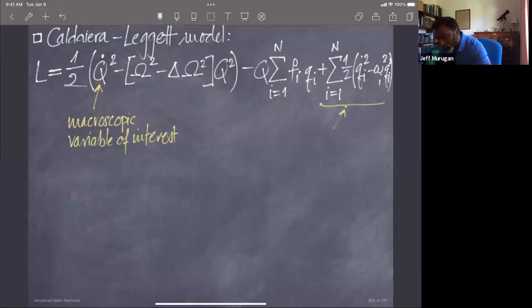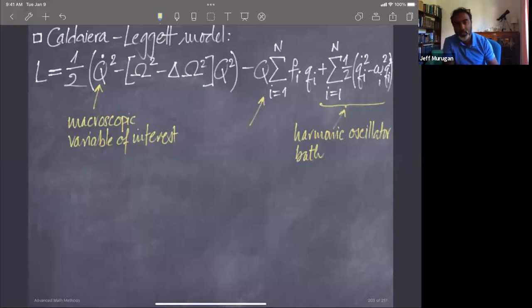So the bowl of honey is going to be the bath, and we're going to be simple about this and have a harmonic oscillator bath, for good reason, that we embed the system in. And this term here is the coupling. It's a linear coupling term between the oscillator that we're interested in, capital Q, and the bath, the little q's.